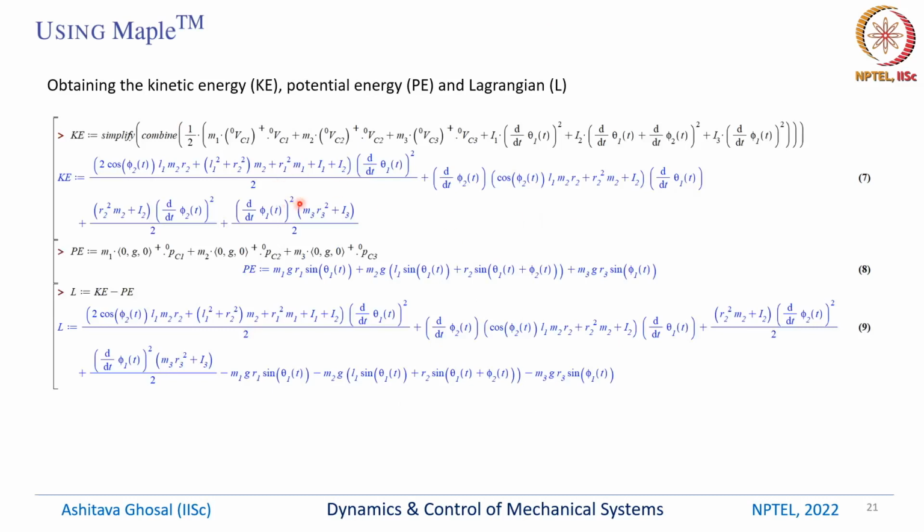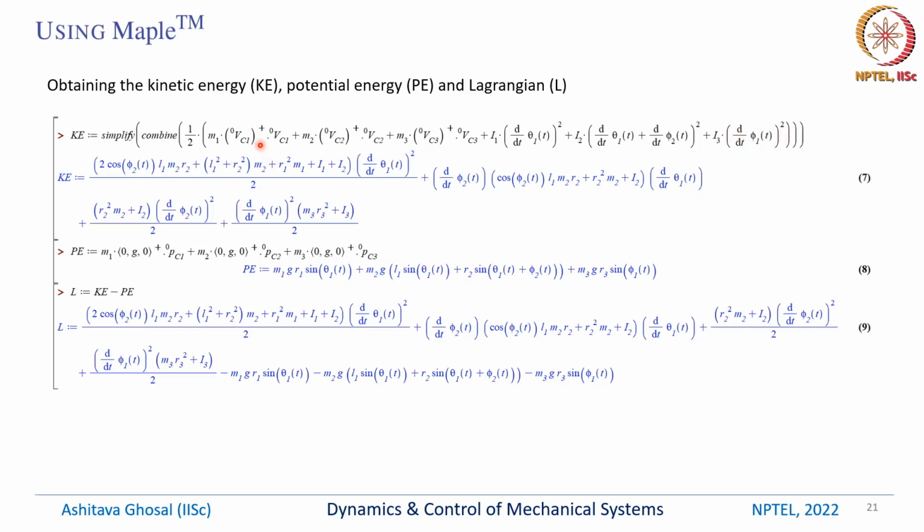Once we have the linear velocity of the center of mass of link 1, link 2 and link 3, we can find the kinetic energy, which is half m1 vc1 square, plus half m2 vc2 square, plus half m3 vc3 square, plus the contribution due to the inertia about the z-axis, which is I1 theta 1 dot square, plus I2 (theta 1 plus theta 2) dot square, plus I3 phi 1 dot square.